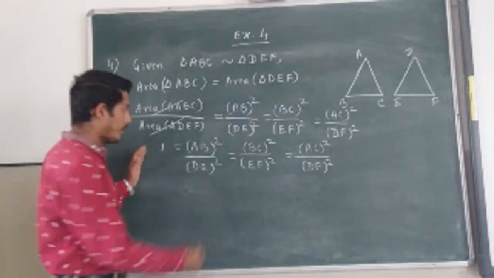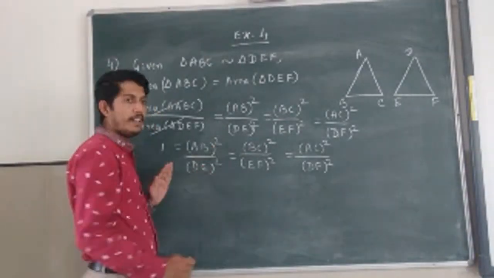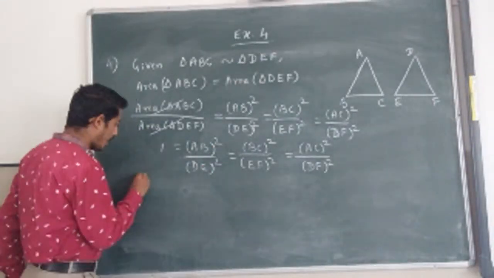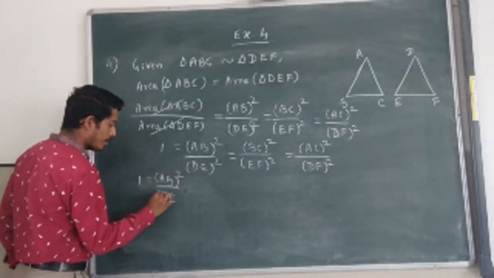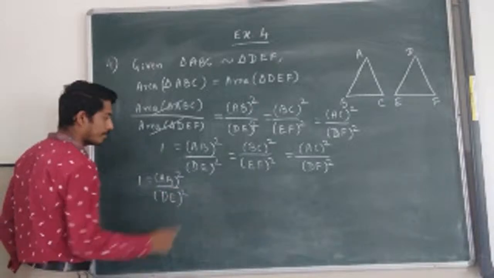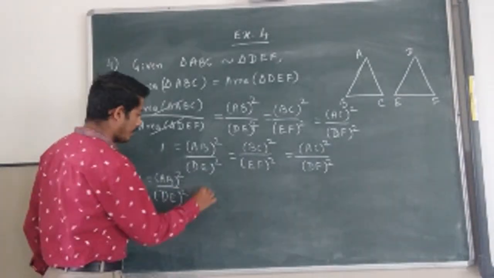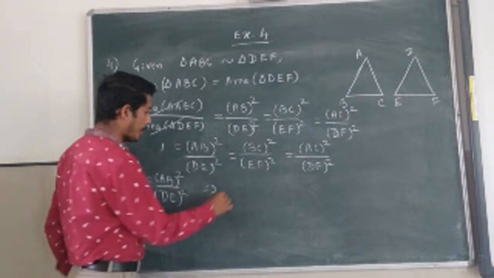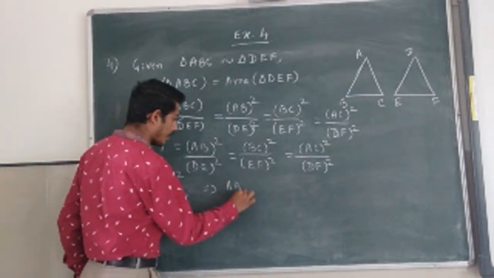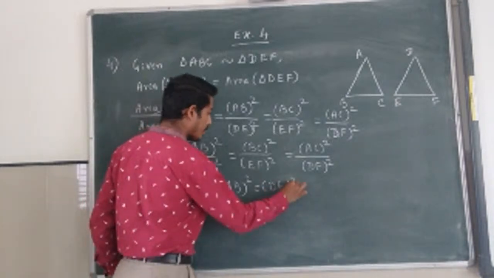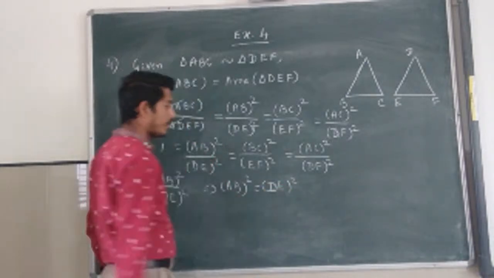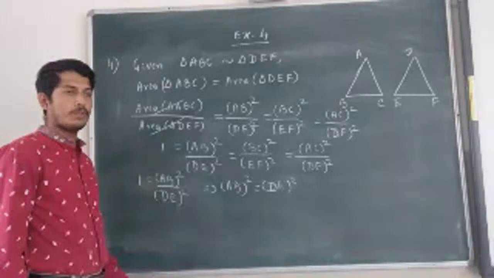So when we consider only this part, 1 equals AB square divided by DE square. When you cross multiply, it becomes AB whole square equals DE whole square.